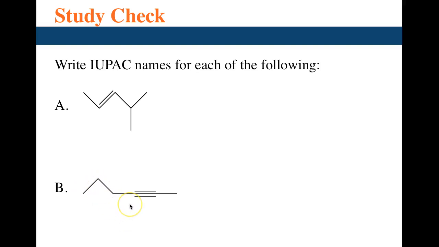So but, what did I call this? Sorry. So ene. So 4-methyl-2-pentene. And then this would be just 1-butene. All right, because the double bond is between carbon 1 and 2.